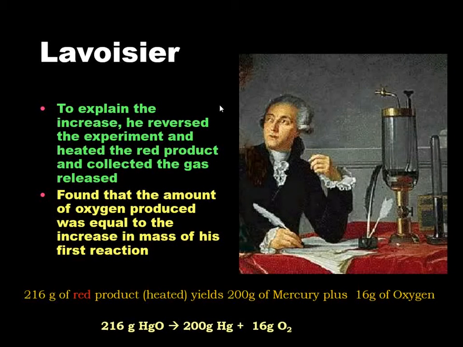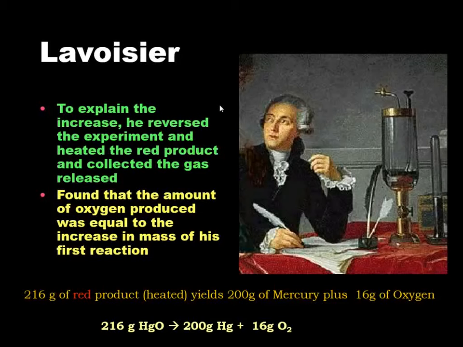To explain the increase, he tried to reverse the process. So take the red substance and break it into its two parts, into the silvery metal and the gas. So when he heated the red product, he collected the gas. He found that the amount of oxygen produced was equal to the increase in the mass of his first reaction.